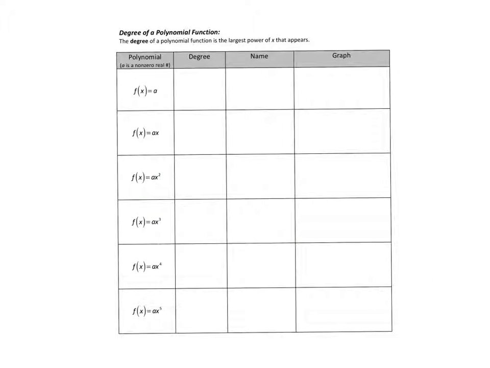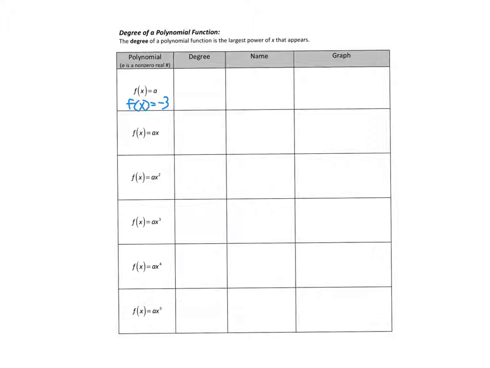Now we are going to name some different polynomial functions. The degree of a polynomial function is the highest exponent that shows up in the function. So if you have f of x equal to a constant, so f of x equals a, an example would be f of x equals -3, our constant function.